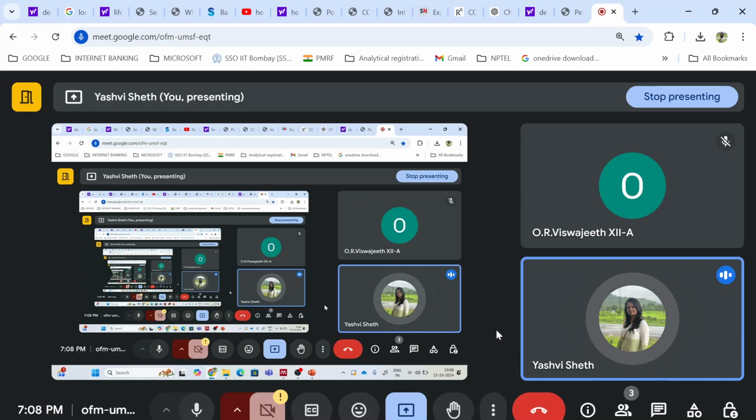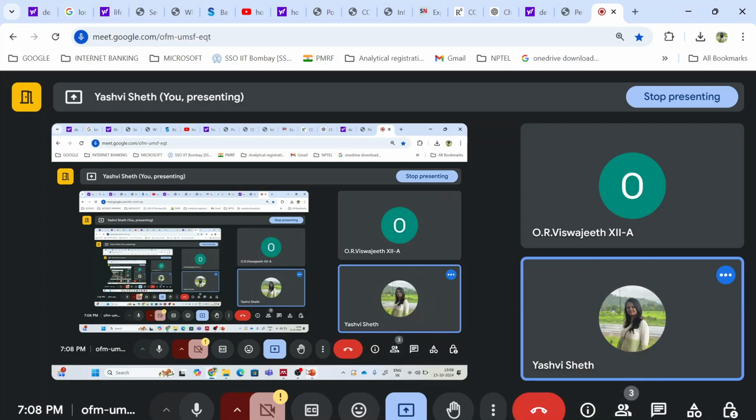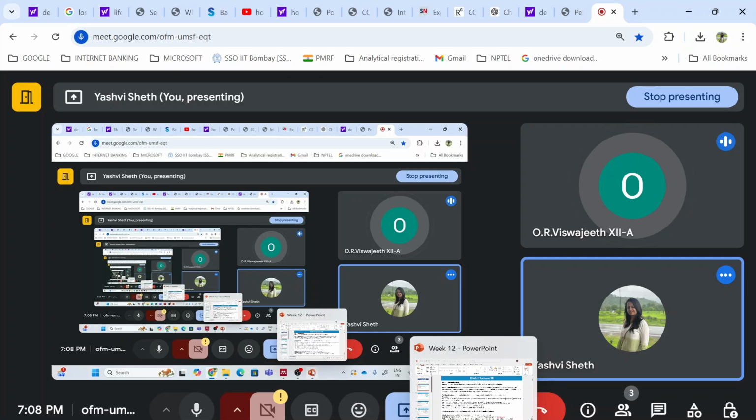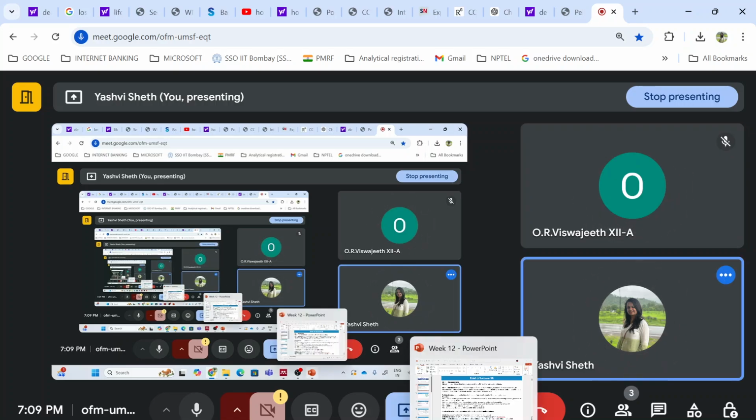If you have any difficulty while solving your tutorial or any assignment, you can put it in this class because this will be the last one. Up till now I have clarified the earlier ones, but the last one was a theory one, so there were not that many. Okay, sure.